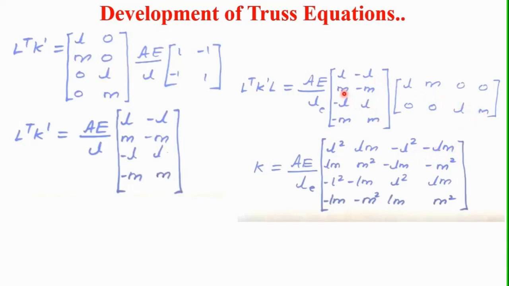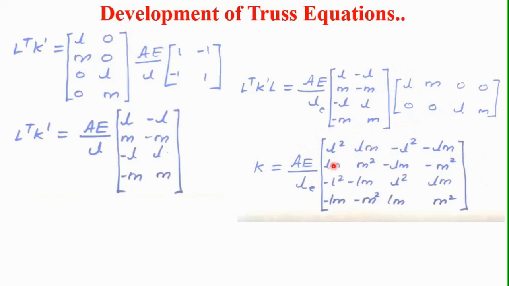Now similarly in this second row, m into l is lm, plus minus m into 0 is 0, so therefore this first term will be lm. Similarly m into m is m square minus 0, so m square. In this way, by multiplying these two matrices, we will get this k matrix.